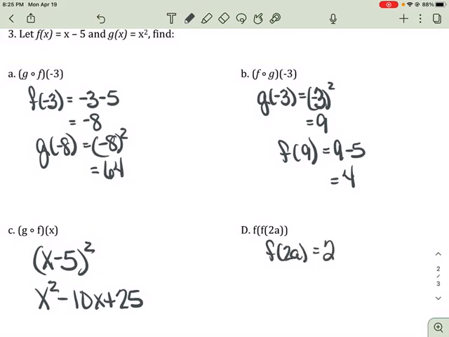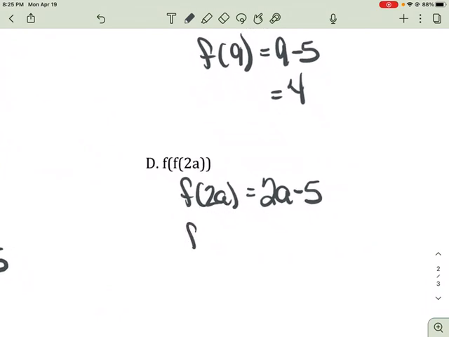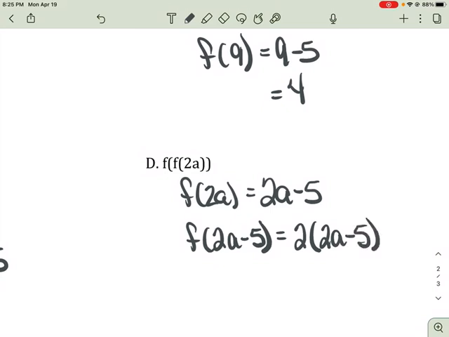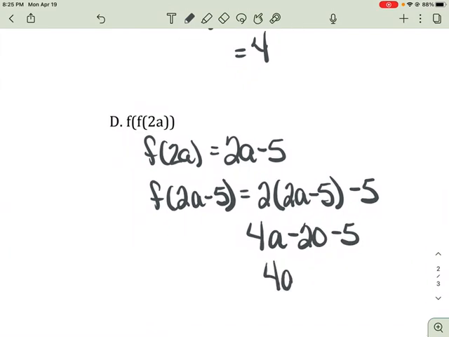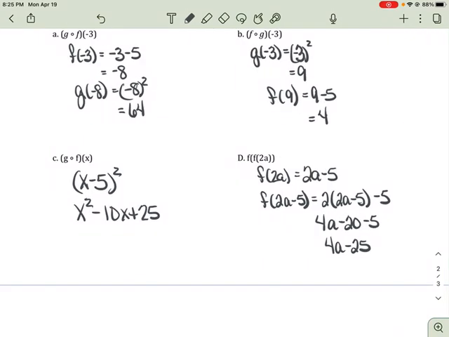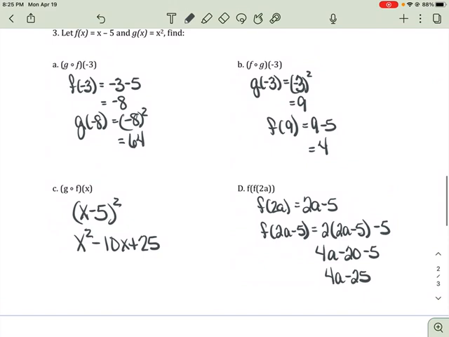So I'm going to find f of 2a, and then there we go. All right.